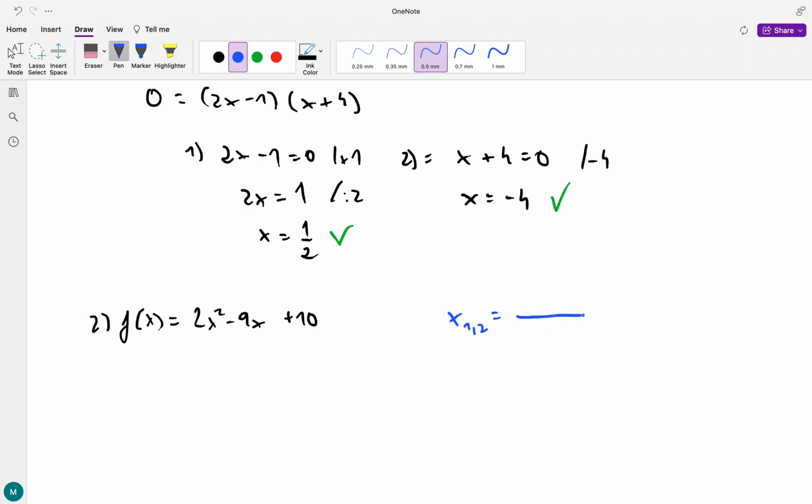It is a big fraction divided by 2a, and on the top we have negative b plus minus, indicating that we are going to have two solutions, and then we have a big square root of b squared minus 4 times a times c.